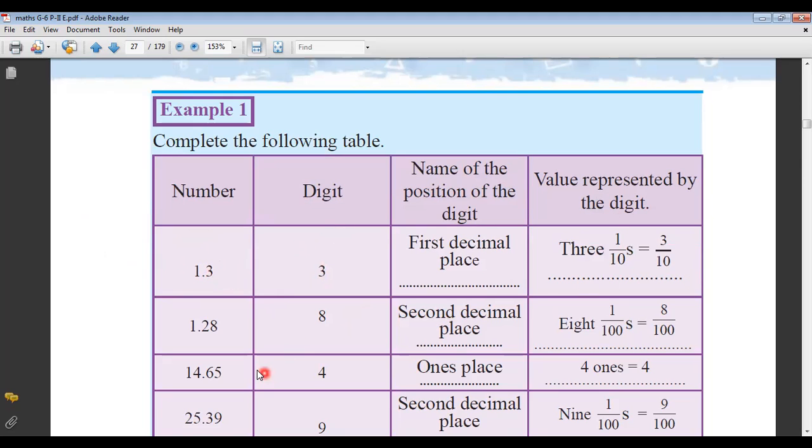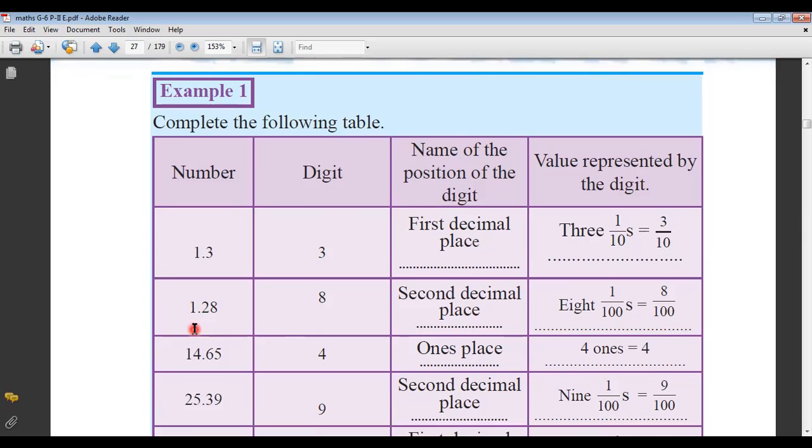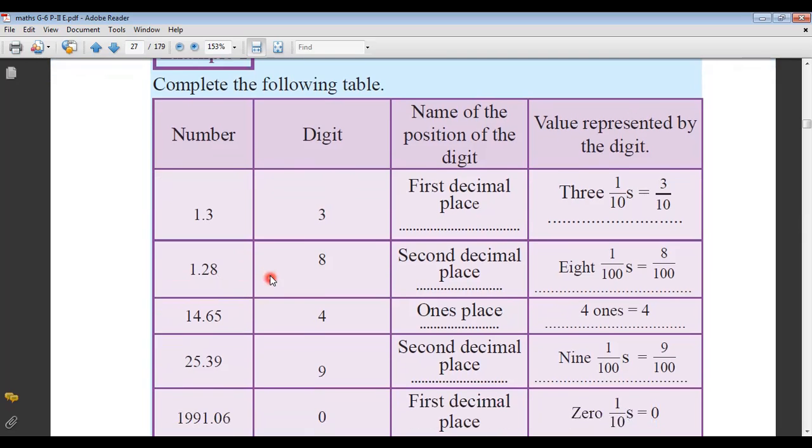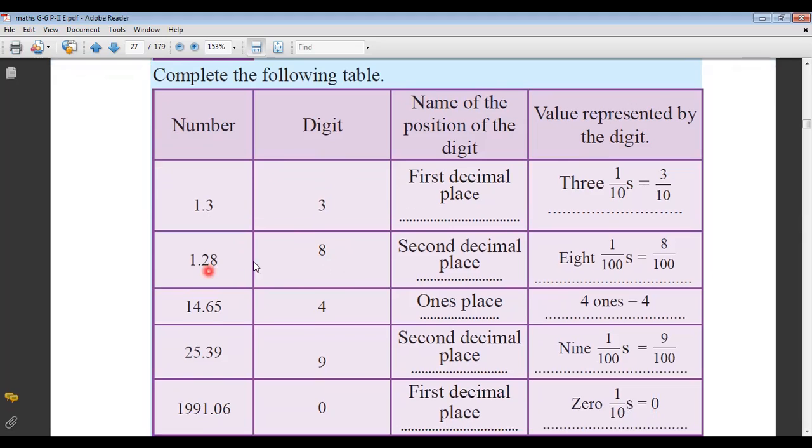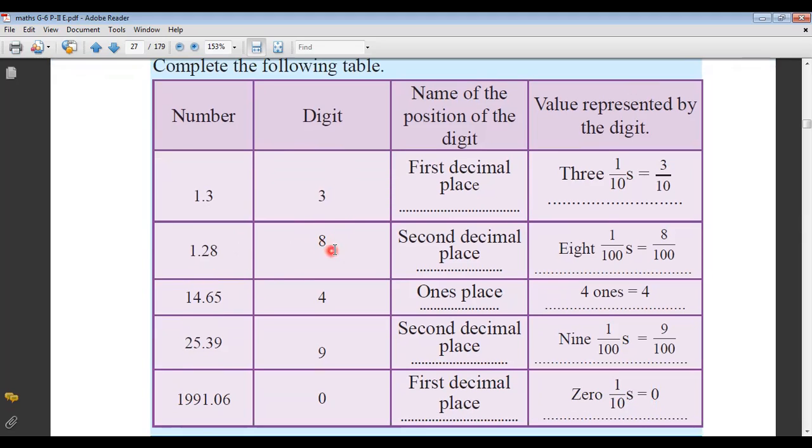Now the next number is 1.28. So what is the number here? 8. They have given us 8 to talk about. What is the decimal place of this 8? Second decimal place. Now 2 is the first decimal place, 8 is on the second decimal place.